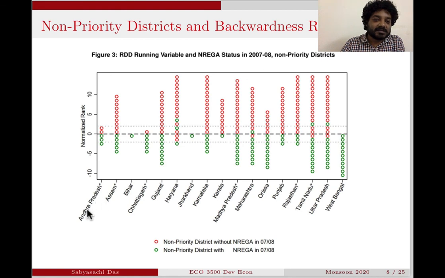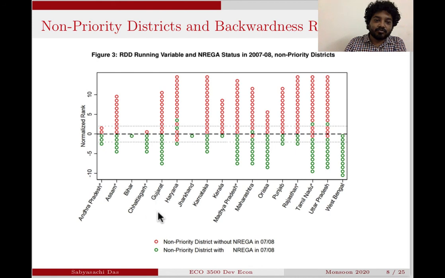So the star states are Andhra Pradesh, Assam, Chhattisgarh, Madhya Pradesh, Rajasthan, Tamil Nadu. So basically 1, 2, 3, 4, 5, 6. They're going to call these 6 states the star states as identified by previous studies, and the other states on which they can run the regression.